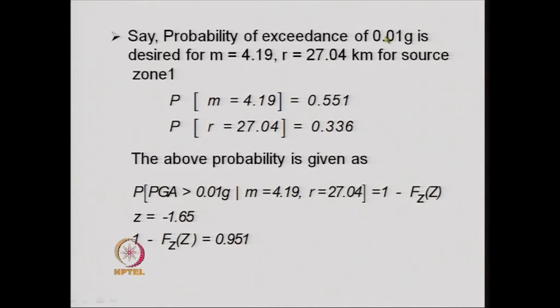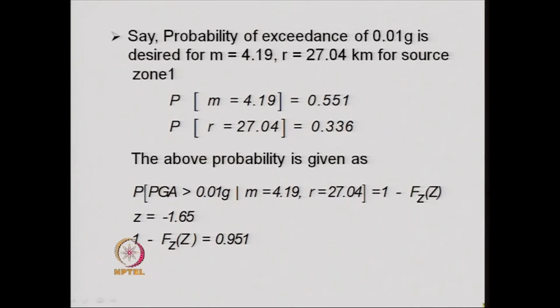So converting this into centimeter per second square, and then finding out its probability, one can get the Z value as minus 1.65, and from the table one can get the value of F(Z), and this leads to a probability of exceedance of 0.01 g as 0.951.